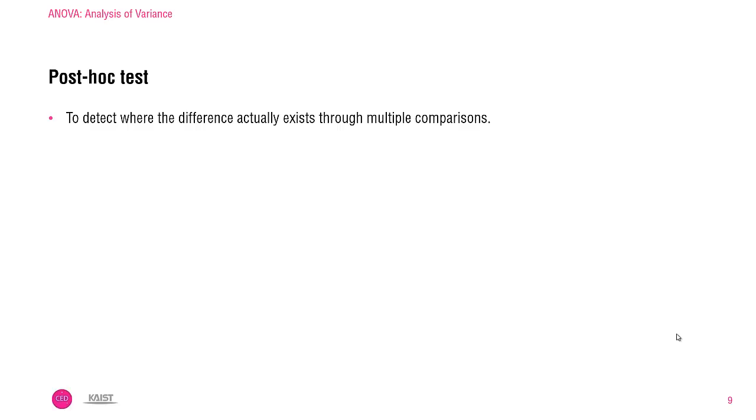There are various types of post hoc test techniques. As I said, for the social science studies, Scheffé test, Tukey test, Duncan test are usually used. For your more clear understanding, let me show you another example.